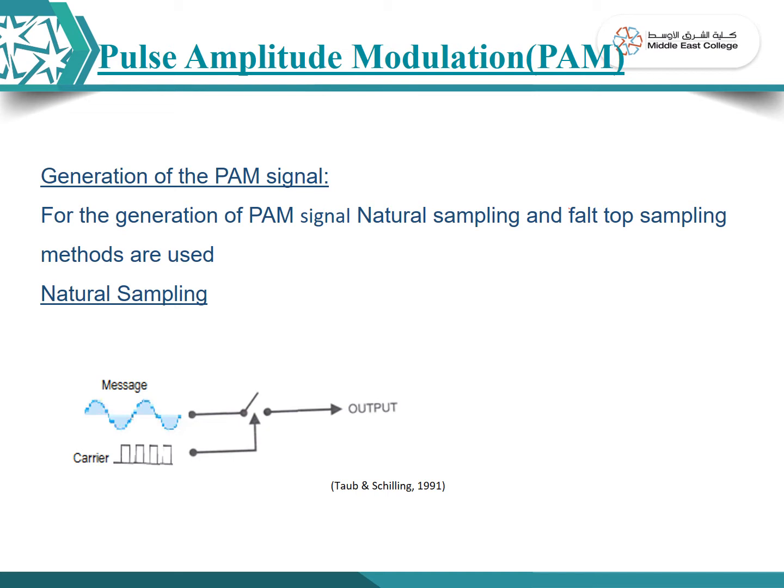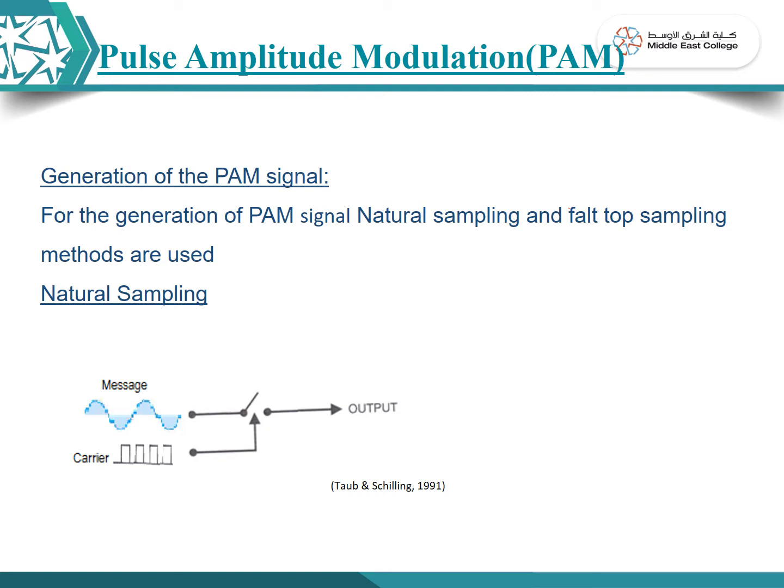So when the carrier signal is high, the switch is closed. That particular part of the message signal will be passed to the output, because when the switch is closed, the message will directly pass to the output. So at that particular moment, whatever the amplitude of the message signal, that will come over here.